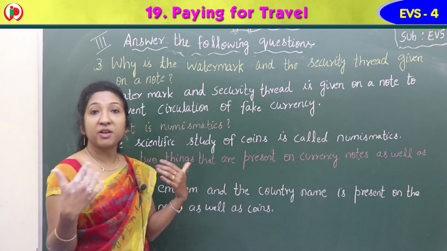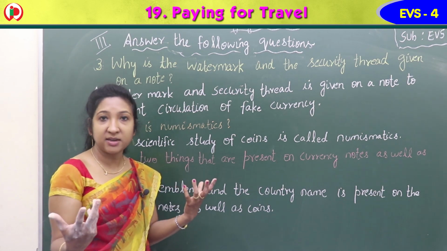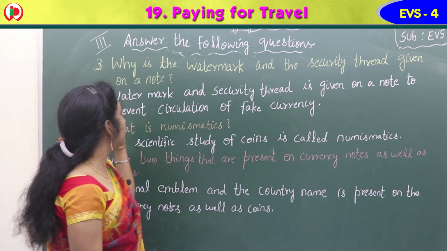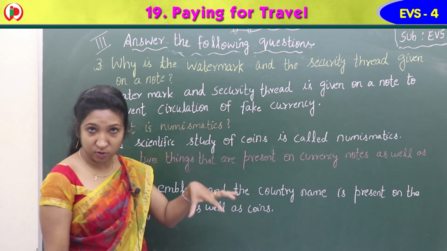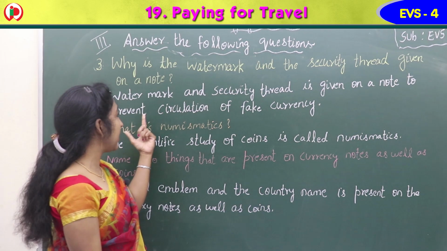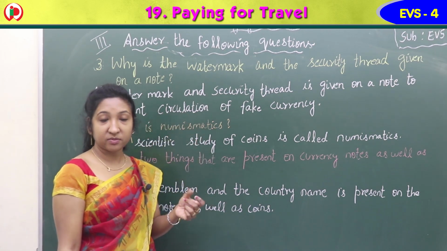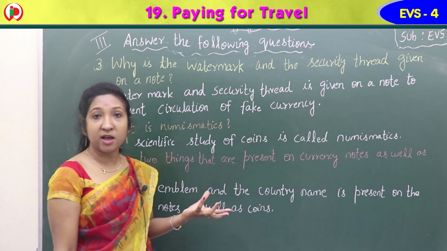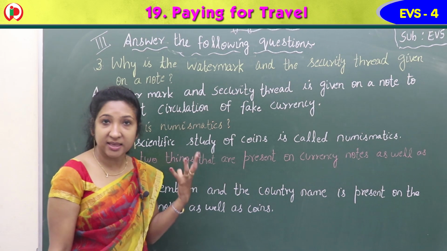Yes, to prevent the circulation of duplicate money or fake money, isn't it? So answer: watermark and security thread are given on a note to prevent circulation of fake currency. To prevent the circulation of fake, duplicate or artificial currency, the money.